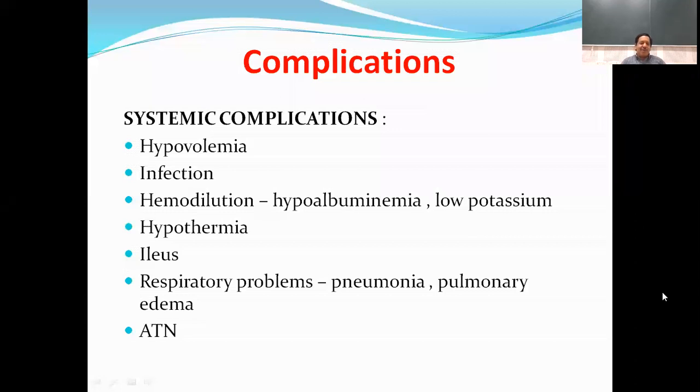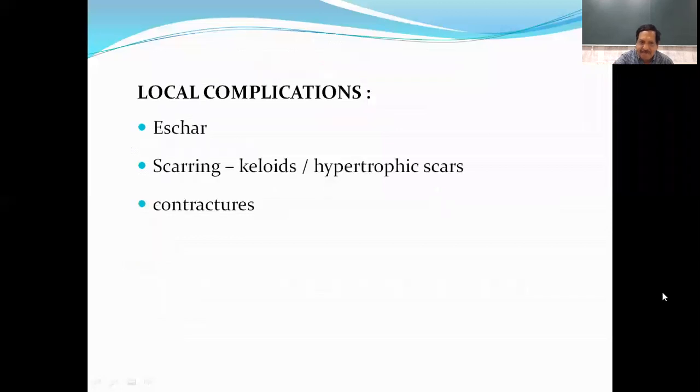Respiratory problems can occur: pneumonia, pulmonary edema. By interfering with local immunity, this can compromise the respiratory function, and is one cause of increased infections. Acute tubular necrosis can occur in the kidney.